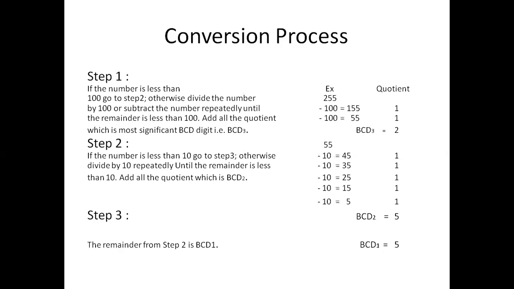So that is why we have to adopt a process of subtracting the number by 100. Once the remainder becomes less than 100, we subtract the number by 10. And the time will come when the remainder becomes less than 10. That will become the BCD1. So BCD3, BCD2, and BCD1 can be found out by this process.